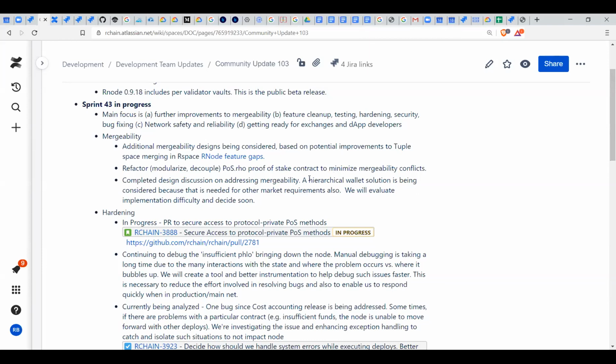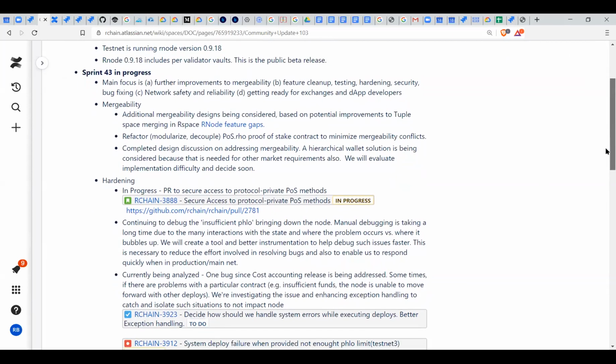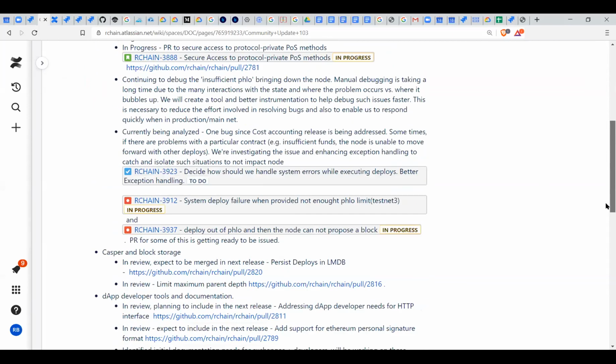But we see that now implementing that will help reduce the mergeability issue. But also, this is sort of a market requirement for the future. So we're going to do some design around this and try to implement that and see what that solution looks like for improving mergeability. Those are the two main things.